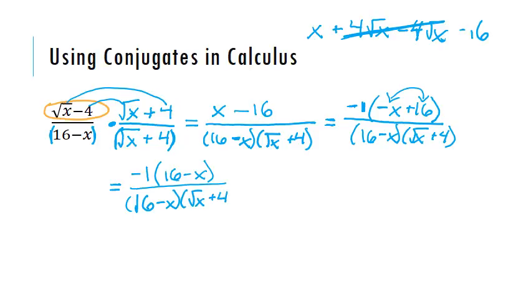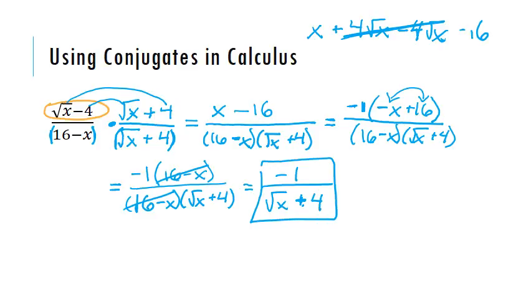Now they will cancel, like so. And now we are left with a much cleaner expression than we started with. And when we start looking at limits analytically, you're going to see why this is useful in calculus, this neat little trick. But that's how we're going to be using conjugates in calculus.